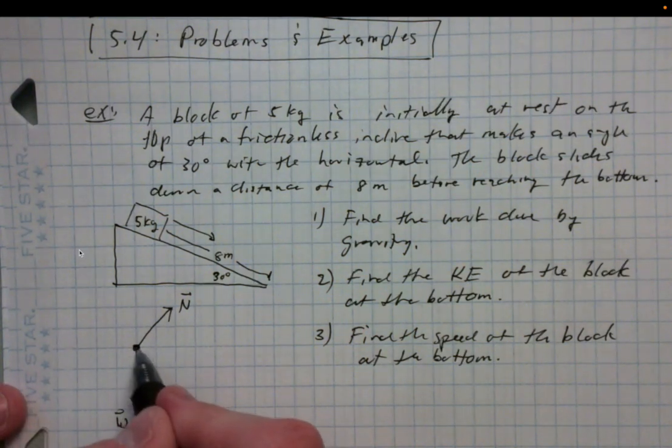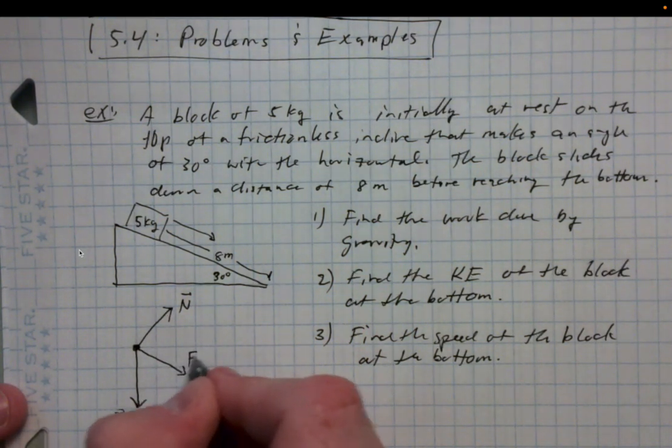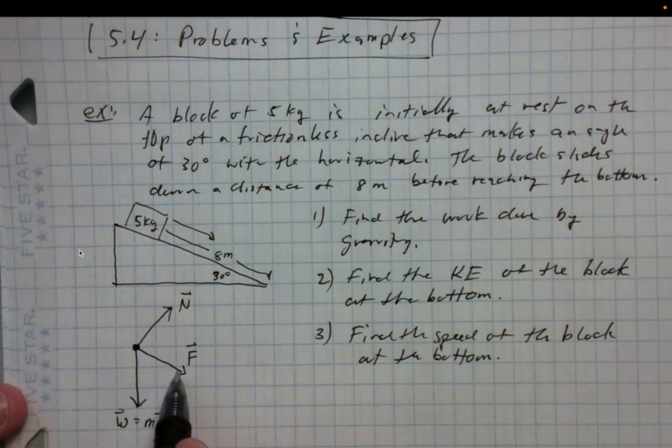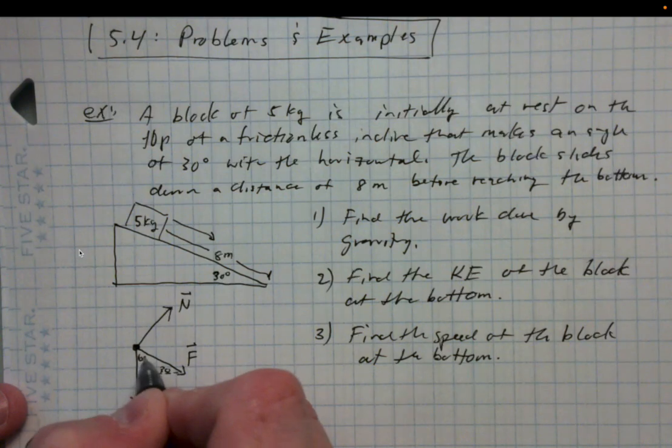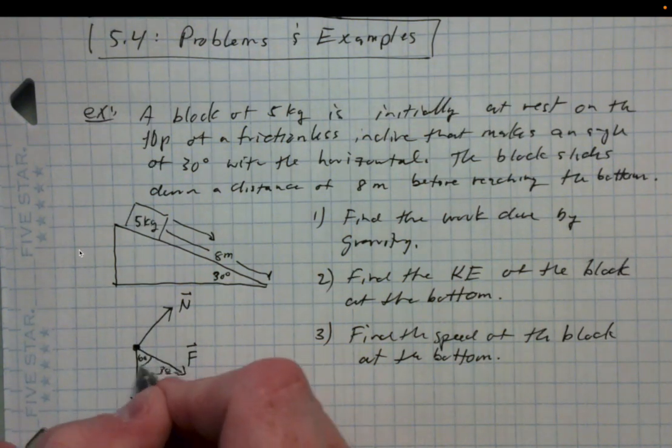And so really the part that we're interested in looks like this, isn't it? This is what I'll call F. You've got your 30 degree angle here, your 60 degree angle there. So it's important to note that the angle between the force doing the work, gravity, and the displacement is not 30 degrees, it's actually 60 degrees. It's this angle here that we're interested in.